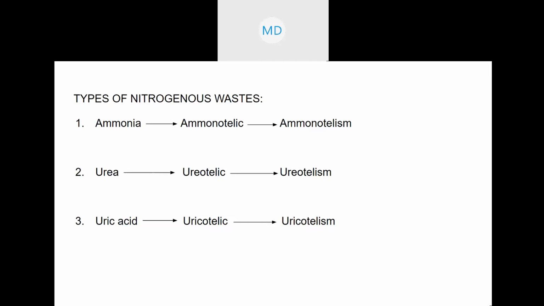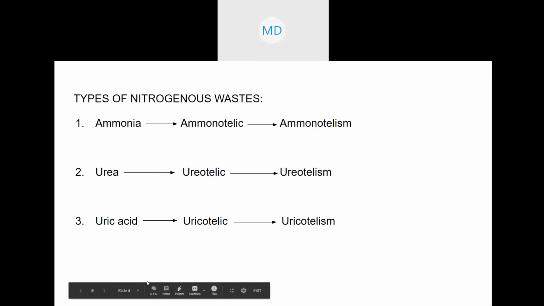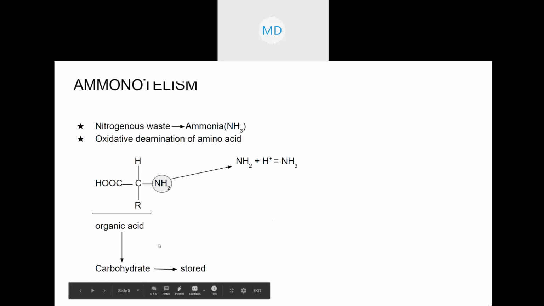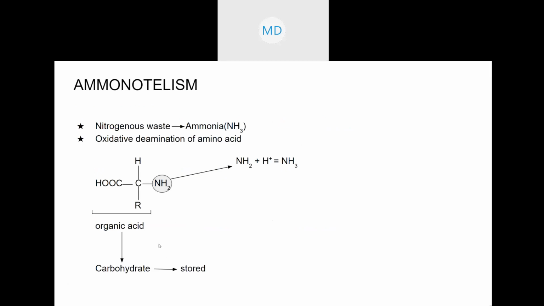Then we learned about the process by which ammonia is formed. It is known as oxidative deamination of amino acid. So this is the structure of an amino acid, and this is the amino group.